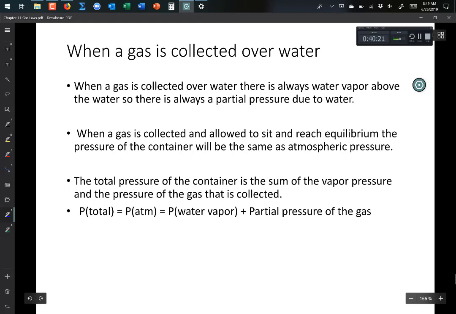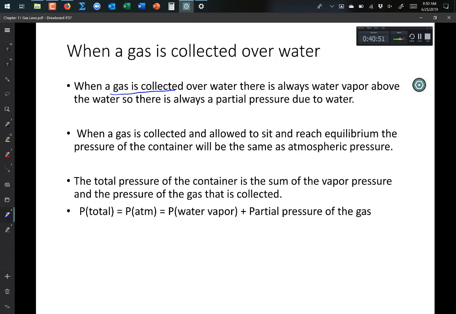So, we're going to do a collected over water problem. When a gas is collected over water, there is always water vapor above the water. So there's always a partial pressure due to water. Like if I have a container and I collect a gas in it and there's water in that container, it will contain the gas I'm collecting plus water vapor.